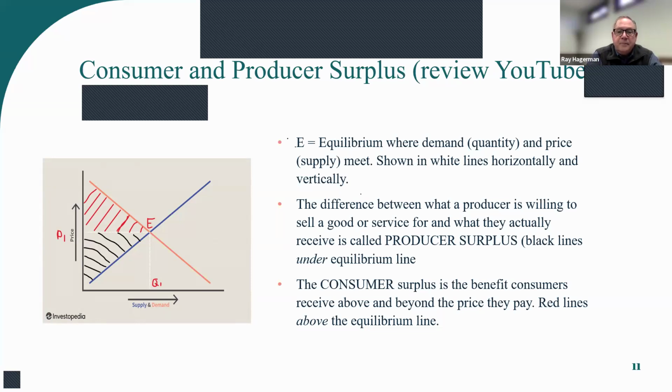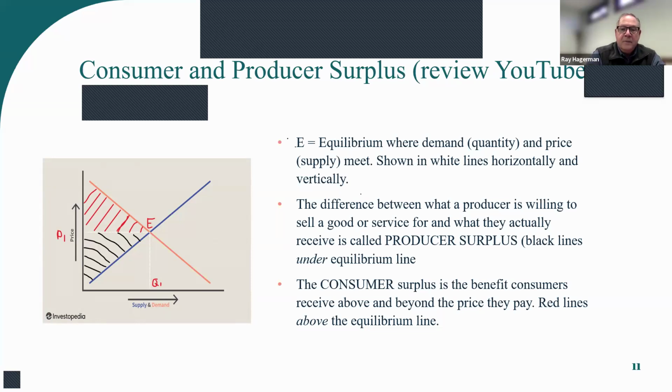All right. So if you look at the black lines underneath the equilibrium line, understanding that the blue line is actually supply, we've also established that at the equilibrium price for quantity one, people are willing to buy that many of the product at the P1 price.